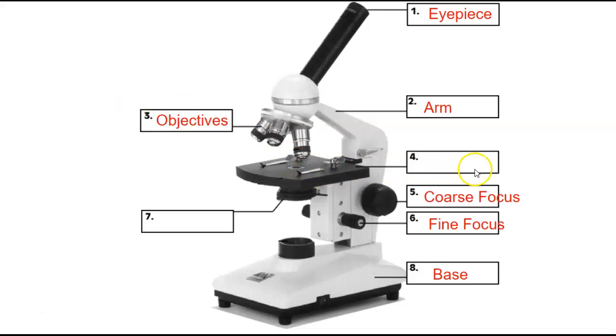So the coarse focus, this big knob, it's going to move the stage, this is the stage, a lot. And so we're going to use the coarse focus when we're focusing on low power. When we get up to medium and high, we're just going to use the fine focus because we don't want the stage to move a lot because we're already zoomed in quite a bit.